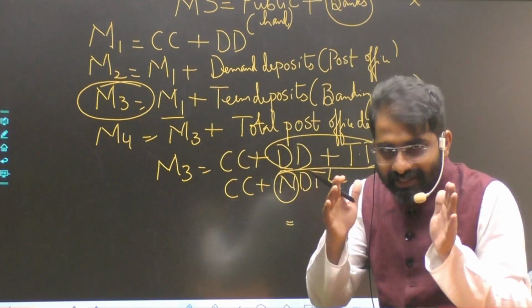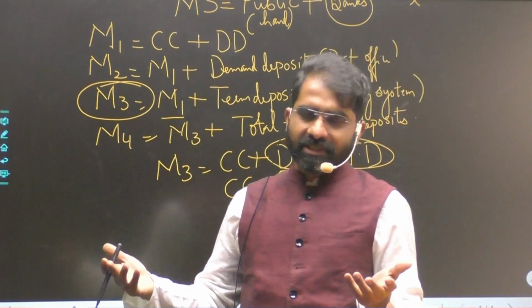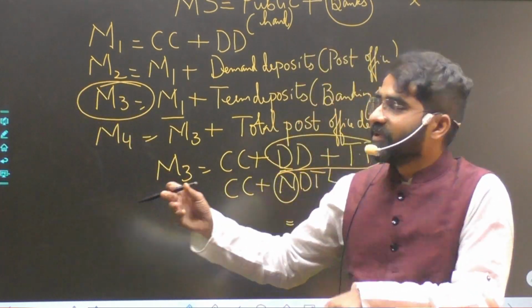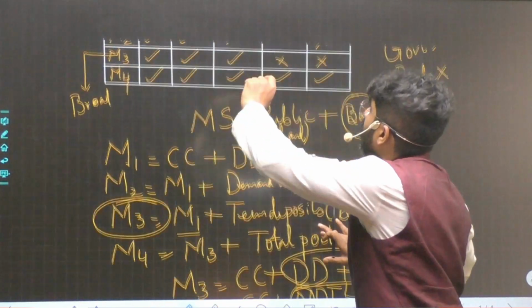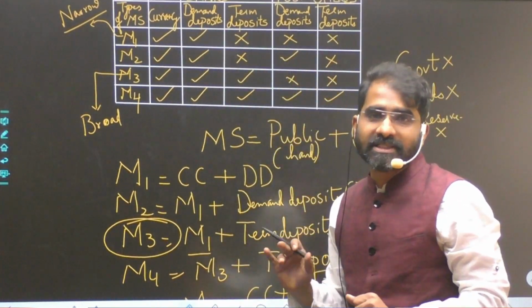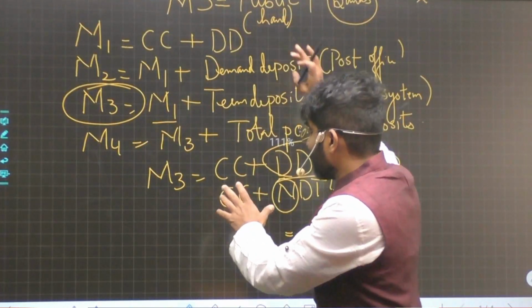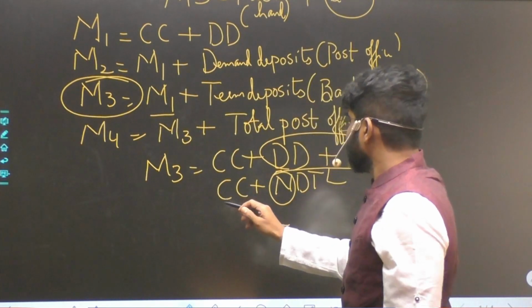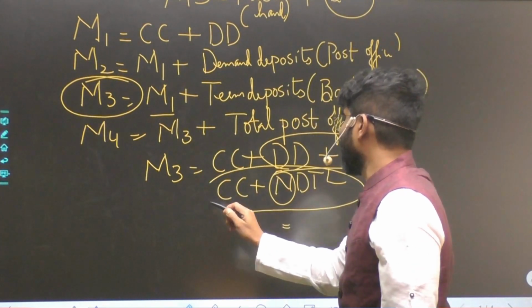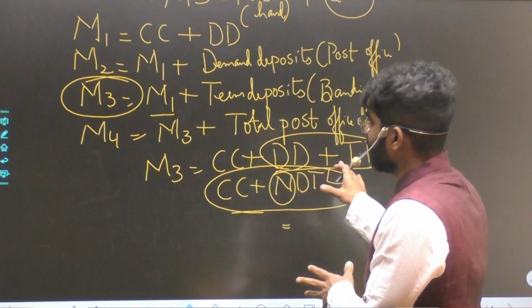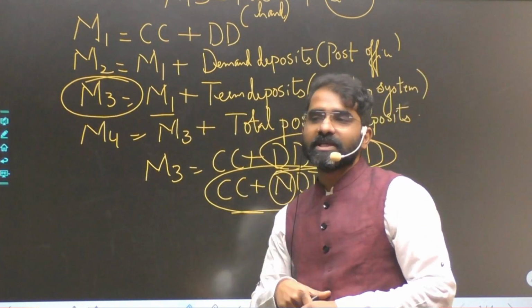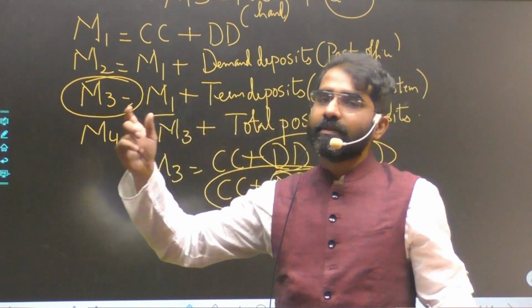So it becomes CC plus NDTL. The word net is there because you are removing interbank deposits.